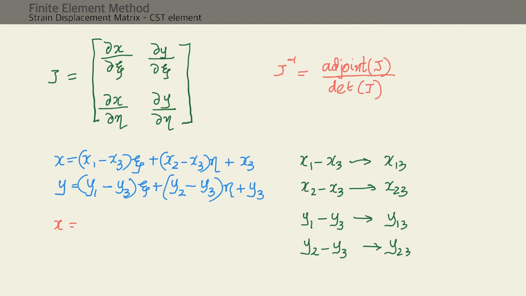So the equations for x and y can be written as x equal to x13 psi plus x23 eta plus x3. Similarly, we can also write an expression for y as y13 psi plus y23 eta plus y3. Always remember that y13 means y1 minus y3 and x23 means x2 minus x3.